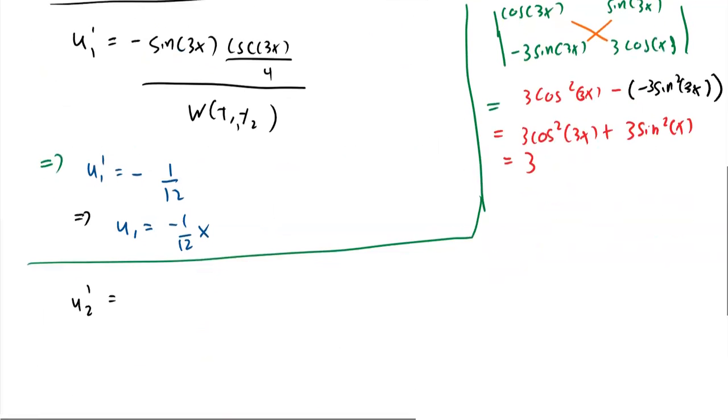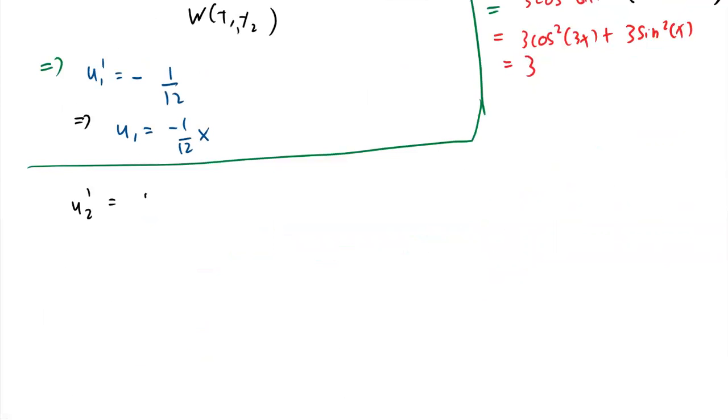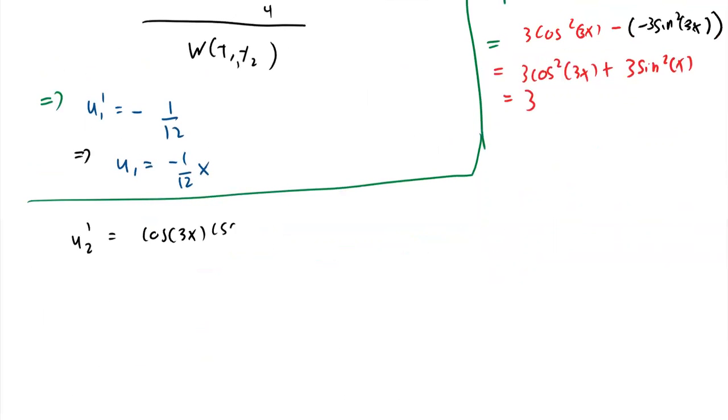Yeah, I was just making sure I didn't write anything weird. So y1 is cosine 3x. So we have cosine 3x, and here we don't use a minus, right? The minus comes from the formula for u1 prime, times cosecant of 3x over 4, everything divided by the Wronskian, which we found is 3.